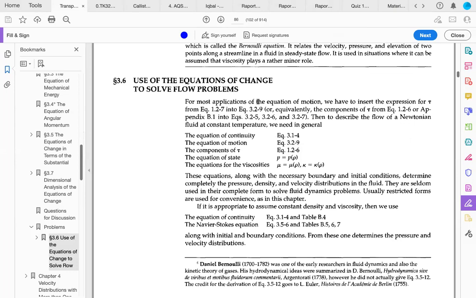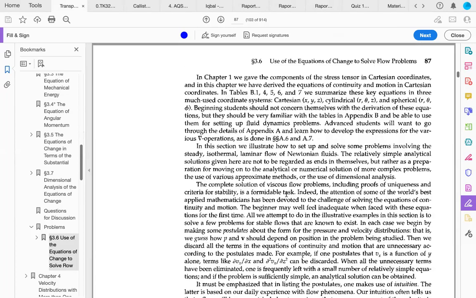This is the use of the equation of change to solve a problem. This one is from the equation of continuity, motion components, and so on. That would be here.